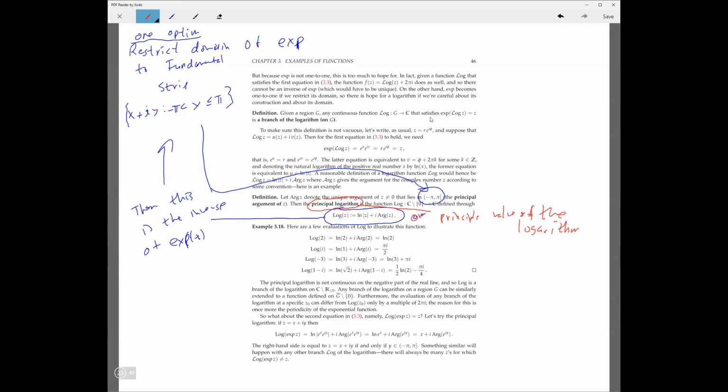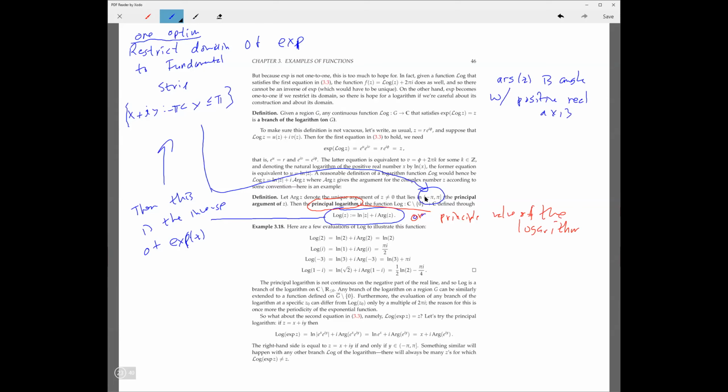Now, you'll also remember that the argument of a complex number is the angle with the positive real axis, right?